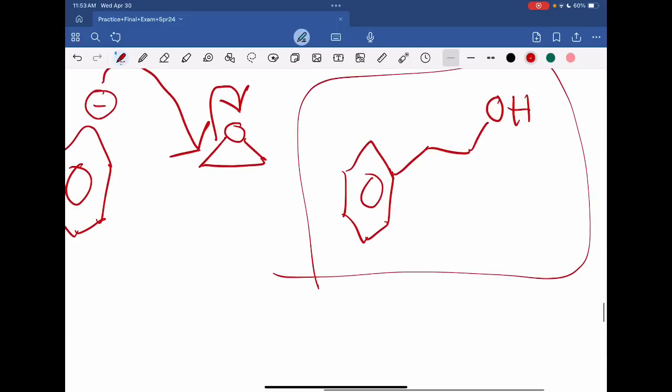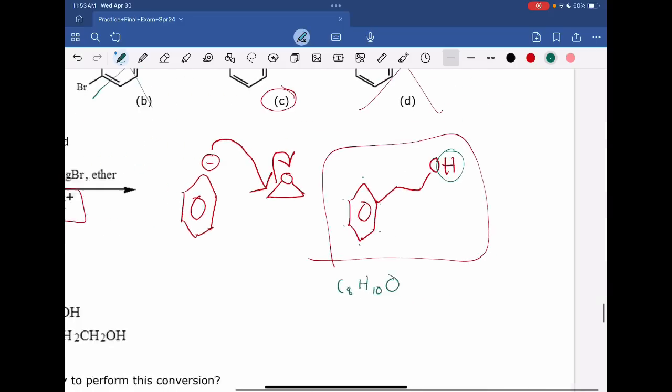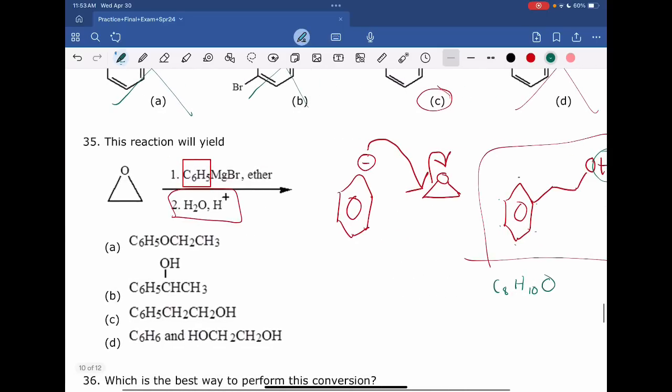So we got 1, 2, 3, 4, 5, 6, 7, 8 carbons. C8. How many H's? 1, 2, 3, 4, 5, 6, 7, 8, 9, 10 plus there's one in here, so C8H10. And 1 oxygen. So C8H10O. What is C8H10O?